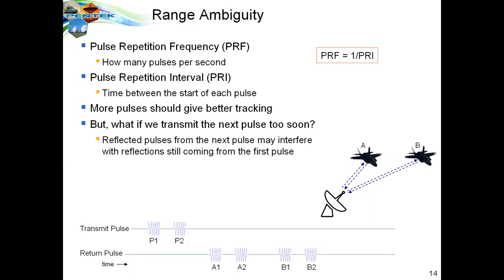For example, is the A2 pulse really from target A, or could it be from target B? And that is the essence of range ambiguity, which return pulse belongs to which target. And in this case, you're not really sure of who caused the return signals on the A2, B1, and B2 signals.